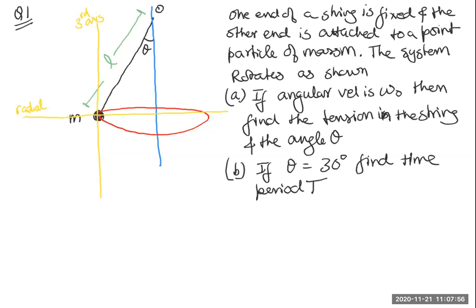Okay, so once you have drawn the axis, then you're supposed to draw the FBD. So mg is acting like this, tension T is acting like this, and this is angle theta, right? Alternate angle radius.